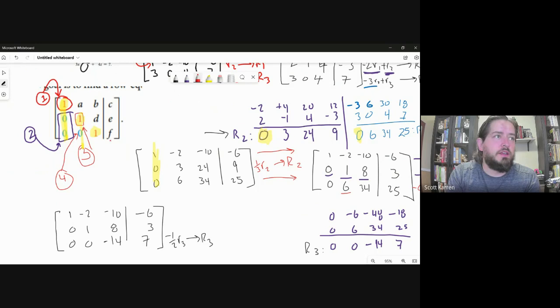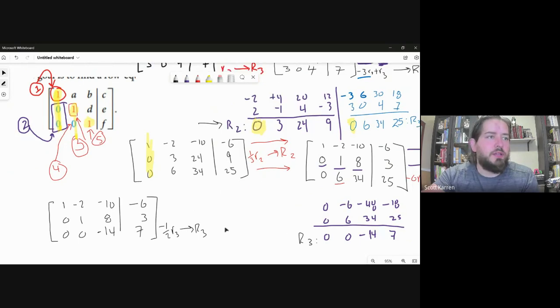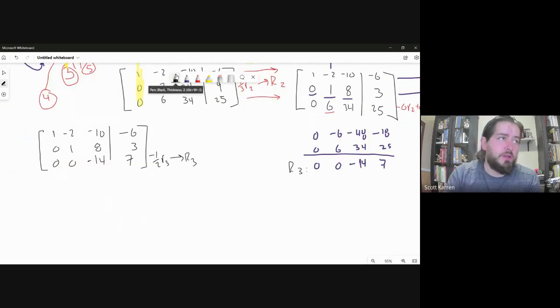That's the 5th and final step for matrices in Gaussian form. And so I'll just multiply everything by -1/2. And that now becomes this system, 1, -2, -10, -6, and 0, 1, 8, 3, and 0, 0.